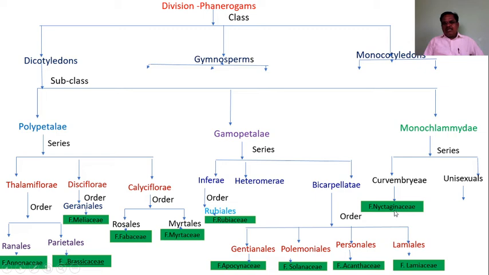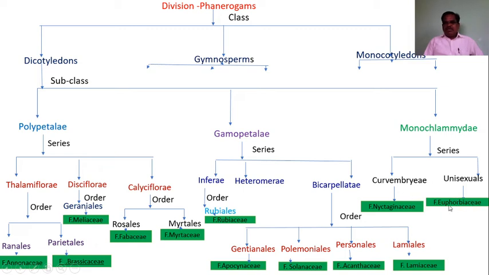And one more character is the stigma of this family. The stigma of this member, Bougainvillea spectabilis, is comparatively hairy. Then Unisexuales, that is the family Euphorbiaceae, is there.